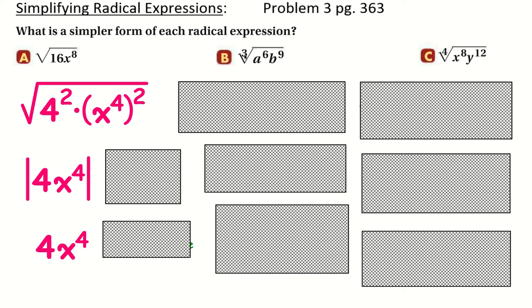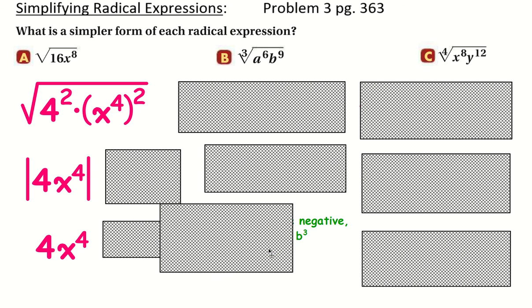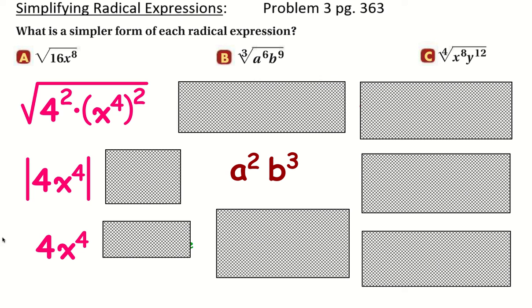What's the third root of a to the 6th power? What would you raise to the 3rd power to get a to the 6th power? And what would you raise to the 3rd power to get b to the 9th? I'm just going to move this. Nope, it's this box, I guess.